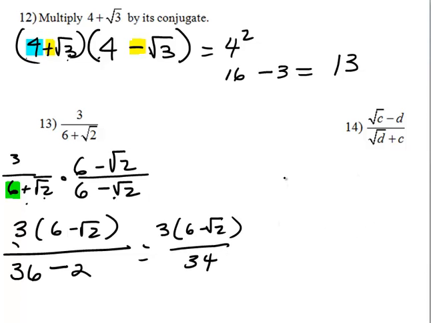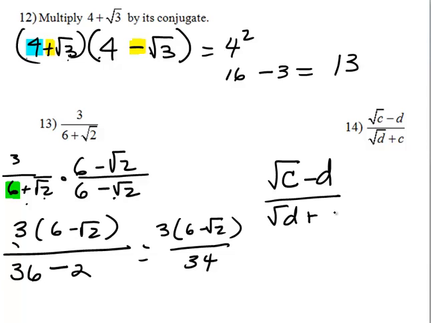Let's do this one. Square root of c minus d over square root of d plus c. Multiply by the conjugate of the denominator, not the numerator, just the denominator. So it's the square root of d minus c, square root of d minus c.